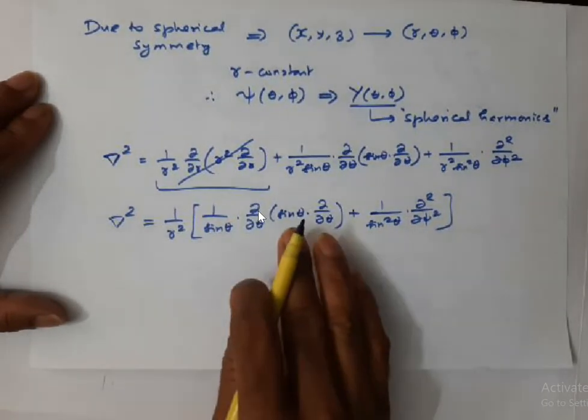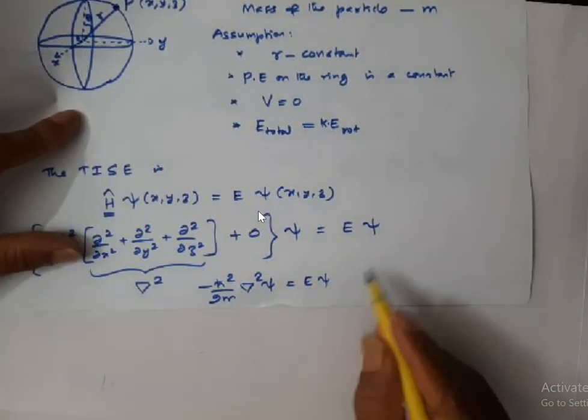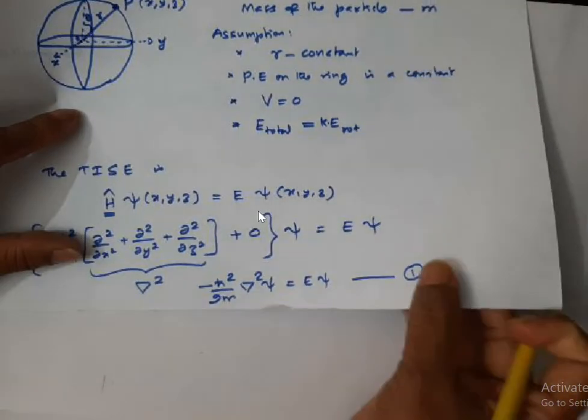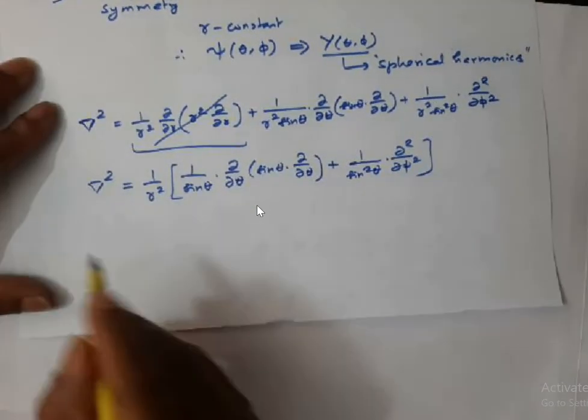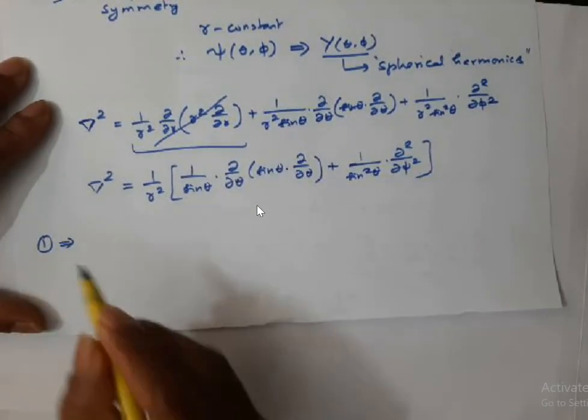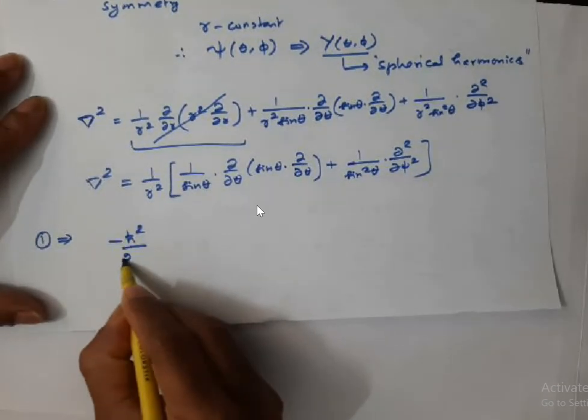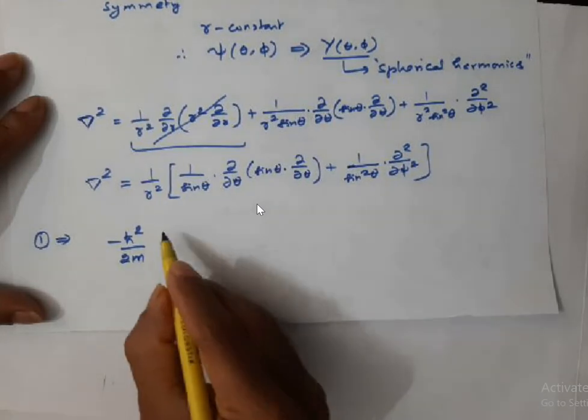Now I'll put this in the equation. Let me take this as equation number 1. I'll put this value in equation number 1. So equation number 1 becomes minus h bar square by 2m, then in the place of del square I'll put this.